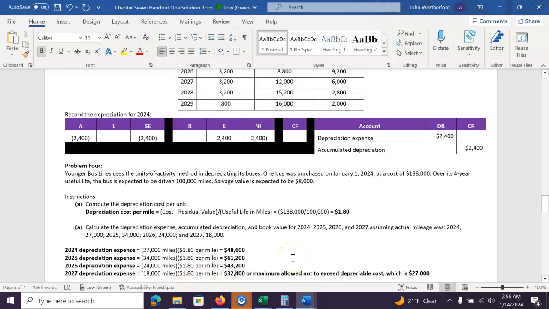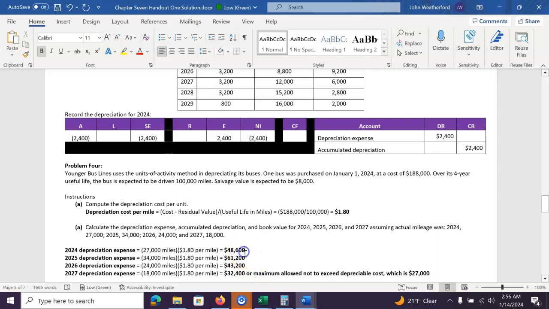But we can't take that much depreciation because that would bring our book value below our residual value, and we're not allowed to do that. So instead of taking the 32,400, we take the 27,000 that we just calculated. It's just your depreciable cost of $180,000 minus depreciation already taken.